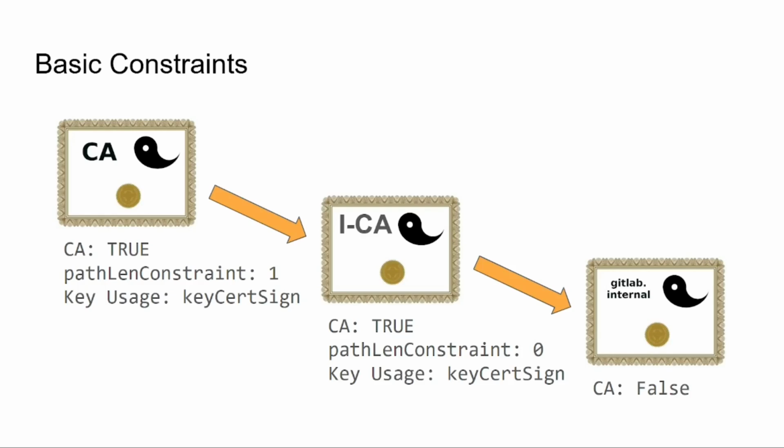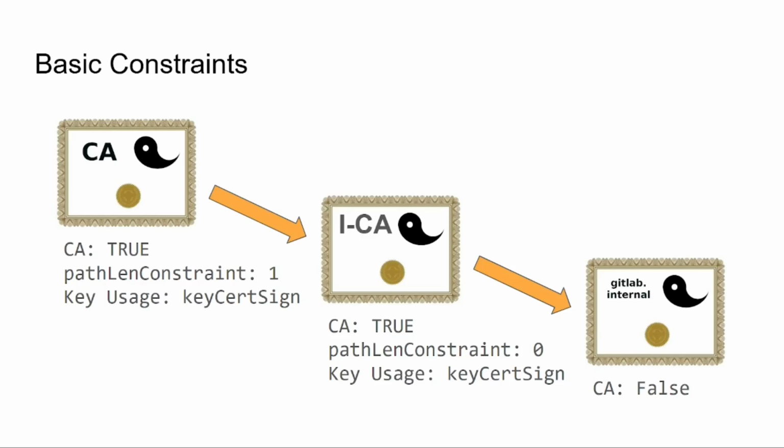So at the very least, you need one configuration for CA certificates and one for non-CA certificates. Again, the more specific you tailor the certificate features, the more secure your PKI. A self-signed certificate with CA equals true is a trust anchor or a root certificate. Otherwise, if CA equals true, it's an intermediate CA certificate.